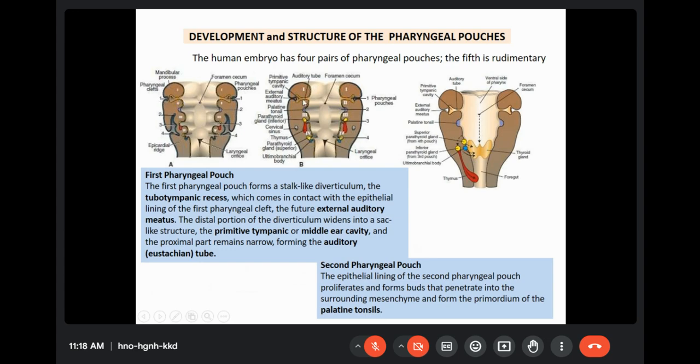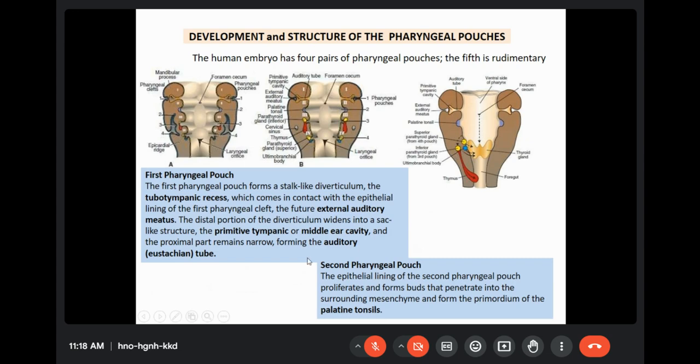As a result, the first pharyngeal pouch will give rise to the structures of the middle ear, inside which the middle ear bones will be located, and the middle ear cavity will be connected to the pharynx with the auditory or Eustachian tube. So these are the structures which develop from the first pharyngeal pouch.